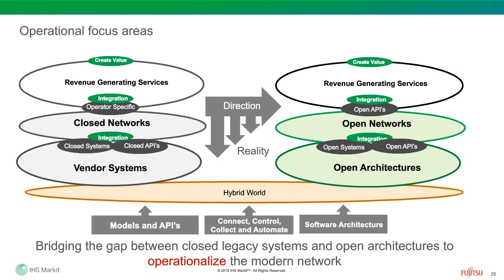You know, the reality is that we have legacy systems in place, we have investment in the transport space that we need to take advantage of as we move forward, but we need to be deploying with the mind of moving forward to open networks. So it's bridging those two worlds together. So we need to look at the ability to do that architecturally and how we prioritize that effort.